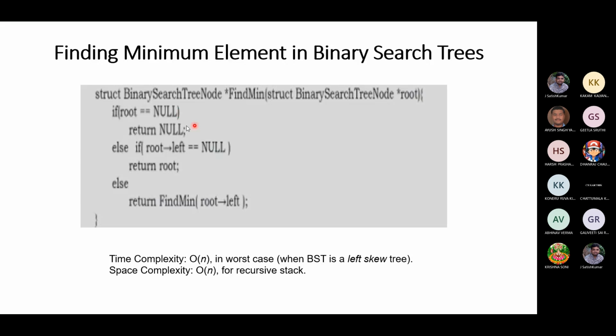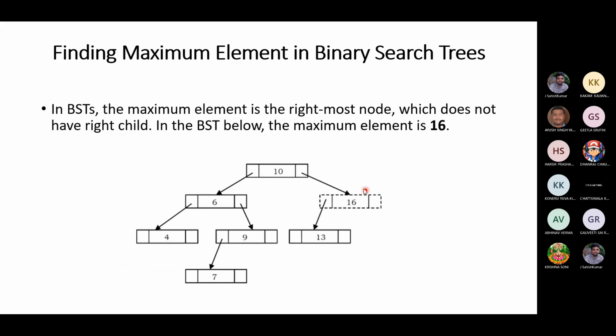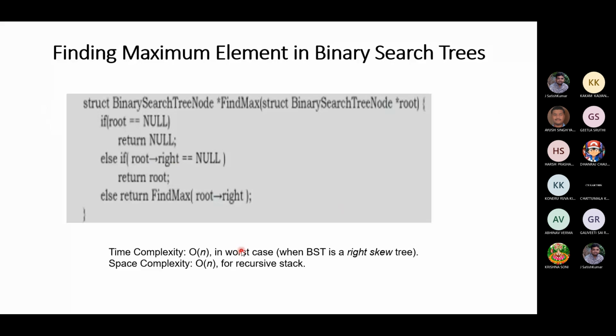So this is the simple code for how you can find the minimum element in a binary search tree, and how to find the maximum element. The left subtree of a node will always be less than the root, so the node which has the maximum will be the rightmost node, which is 16 in this case. Okay, so this is the code.